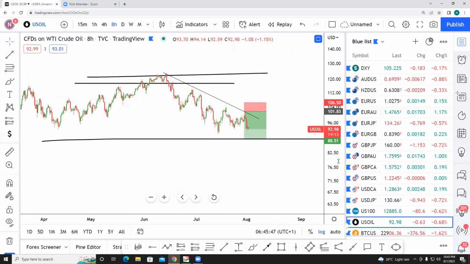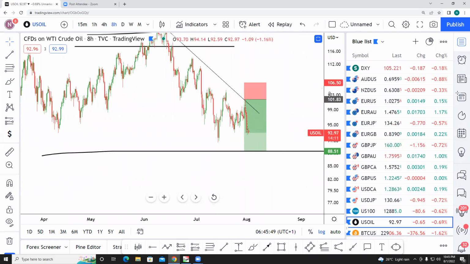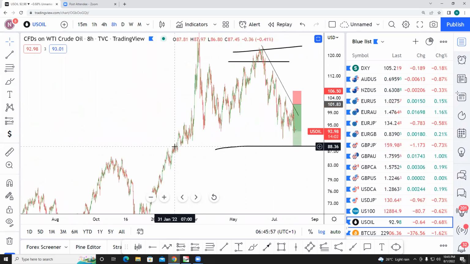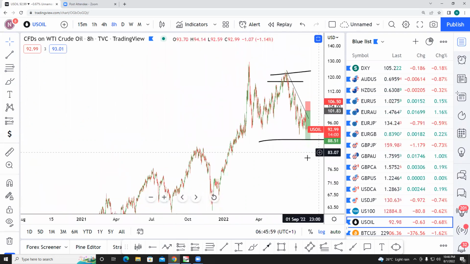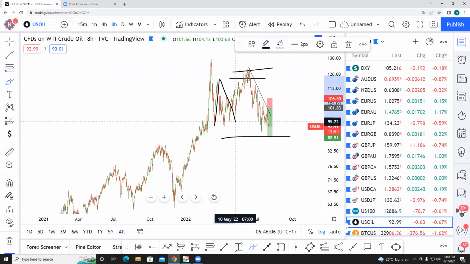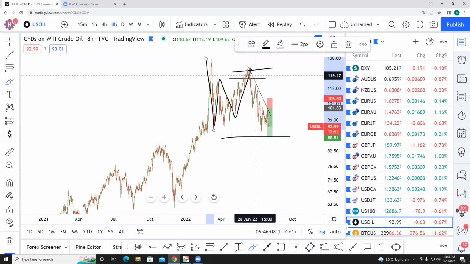And I've told my guys here, I gave them exactly this level that oil is going to turn back. I also gave them 88, take your profit, either 87 or 88, because at that level I expect a reaction. Because you have your three wave in the middle, you have your impulse, equal leg is ending here, guys.